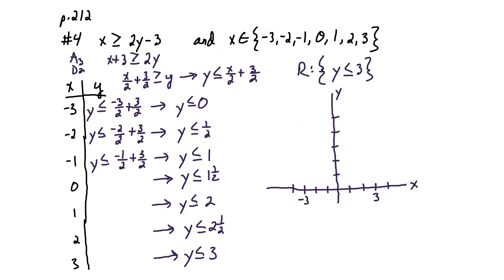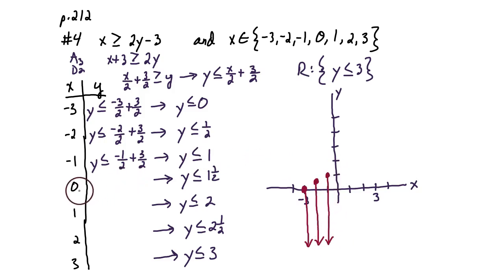Let's graph these results. First row of the table, when x is -3, we want to close dot on 0, and then we want to show everything that's less than 0. Draw a ray going straight down. Next row, when x is -2, we want to close dot on 1/2, and then show everything less than 1/2. Next row, when x is -1, we want to close dot at a height of 1, and show everything less than that.